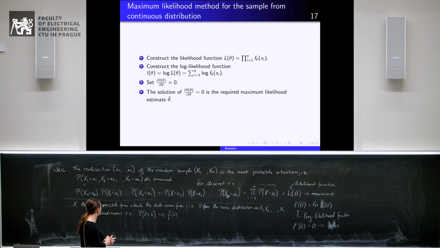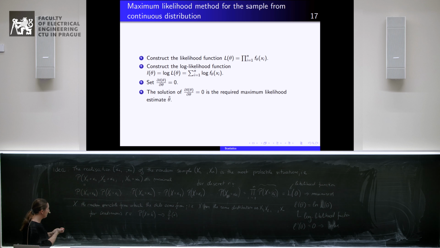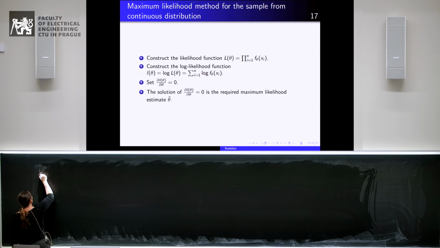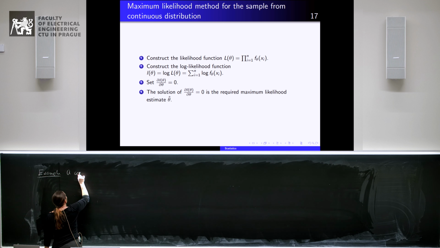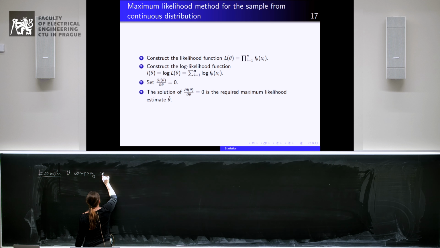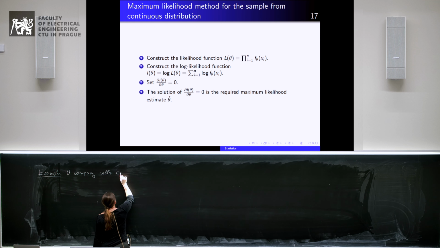Okay, so I promised you an example of this method. The example of using the maximum likelihood method can be the following. A company sells cars.